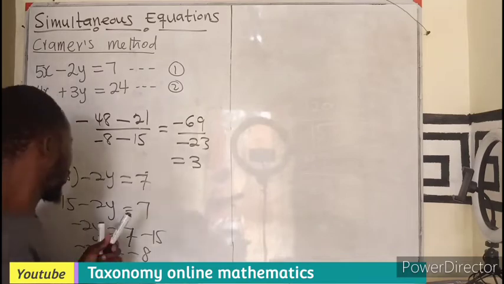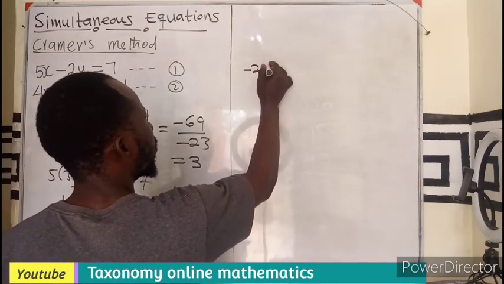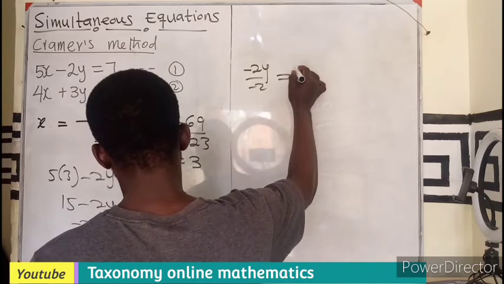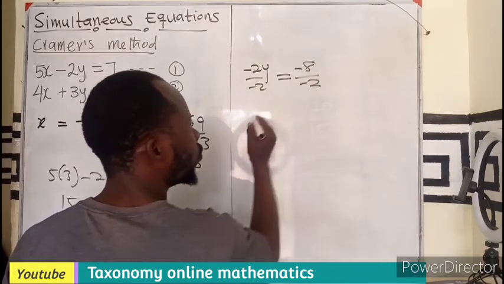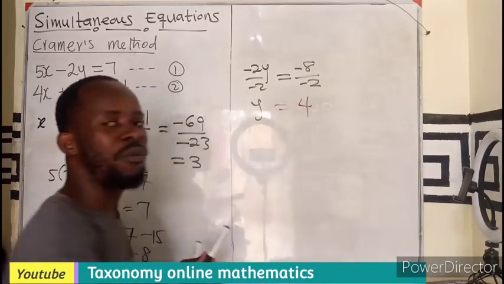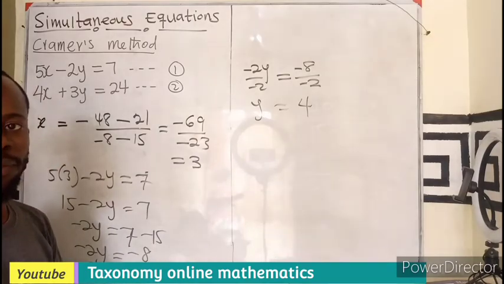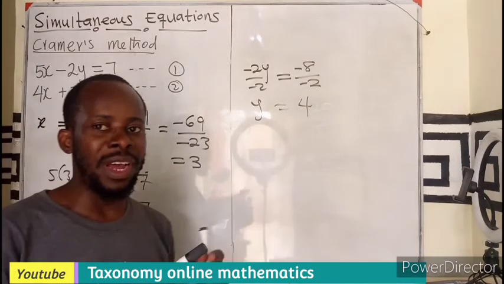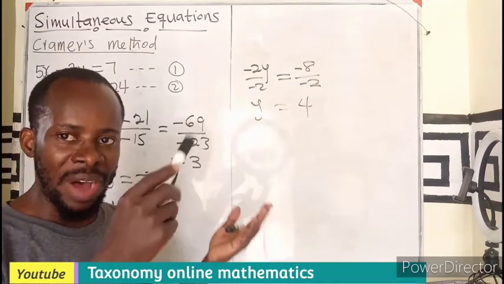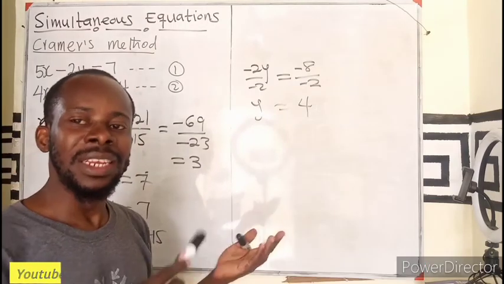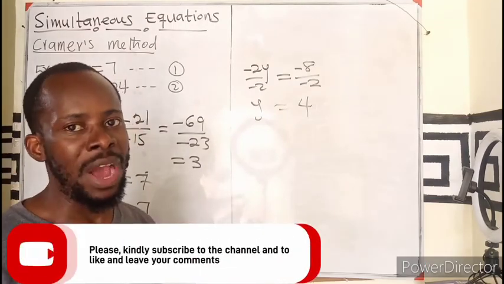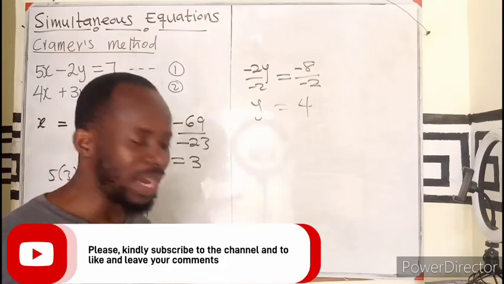So we are going to divide through by negative 2, minus 8 over negative 2. So y will still give you 4 for a simple step. If you don't want to use the approach of the dx over d for x, then dy over d for y, you can still go direct this way to get your answer.